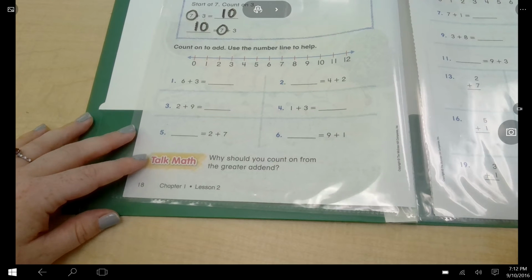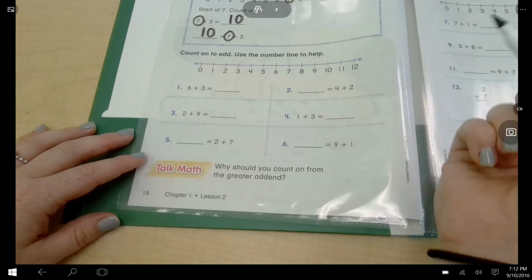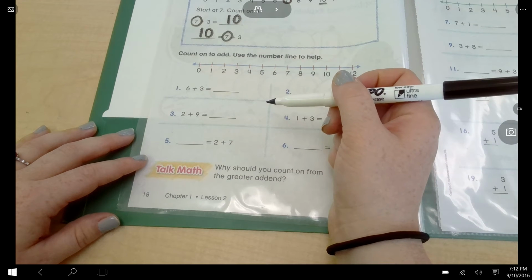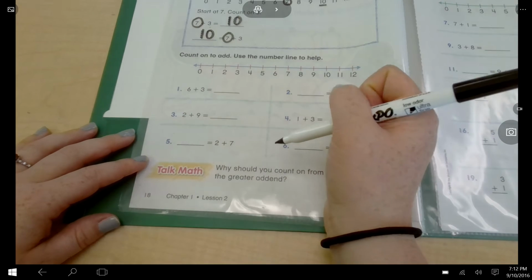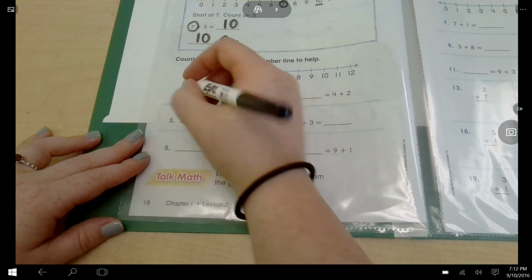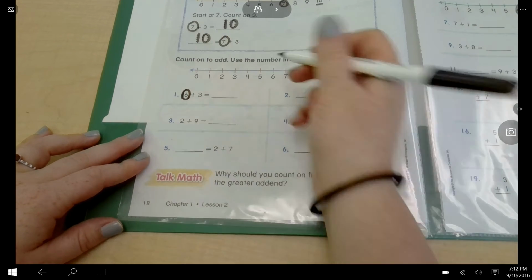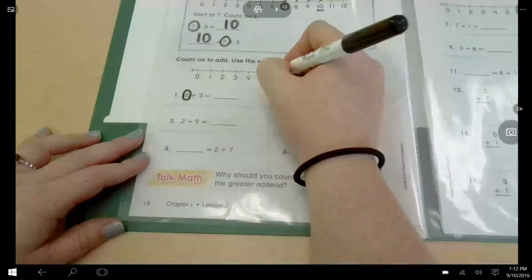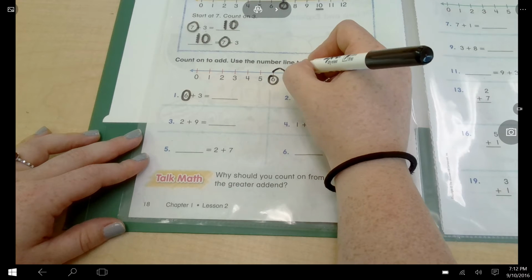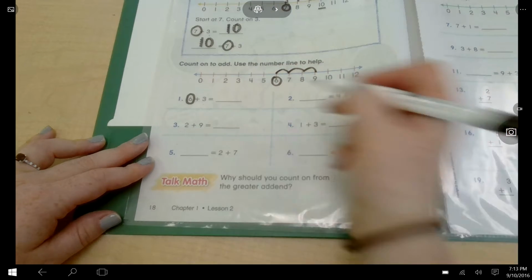So we're going to try it now. I'm going to use the marker and erase each time. What you should do is draw a light line with your pencil so you can erase each time. I said circle the bigger addend, then go up to the number line and circle that number, then count on your lower addend. 1, 2, 3. My sum is 9.